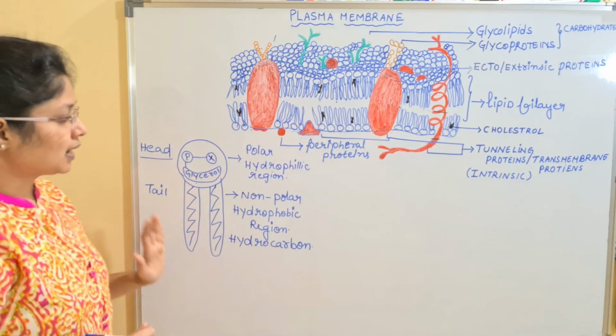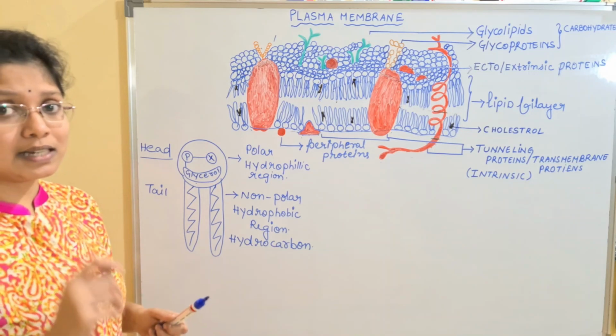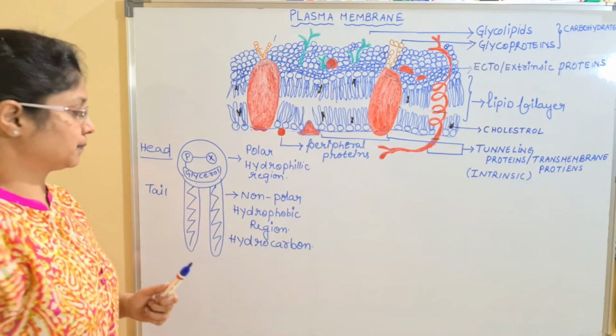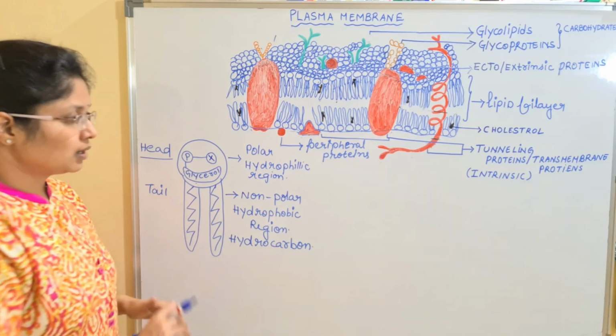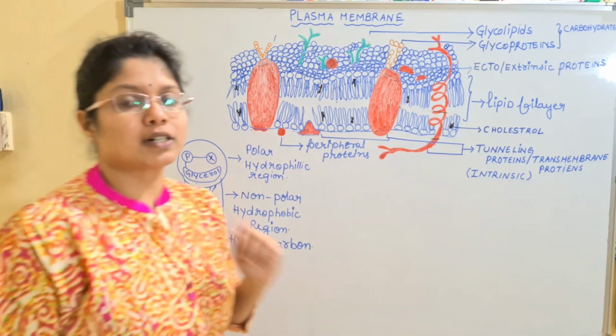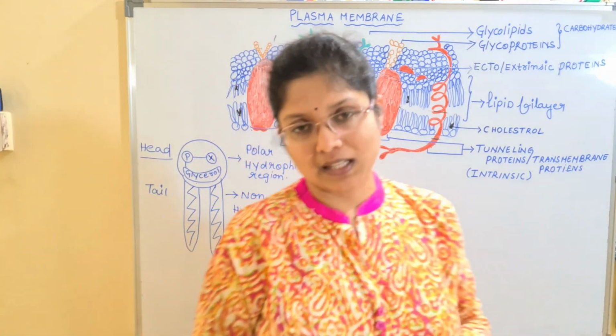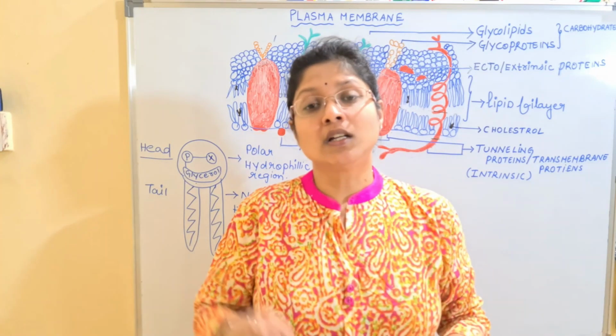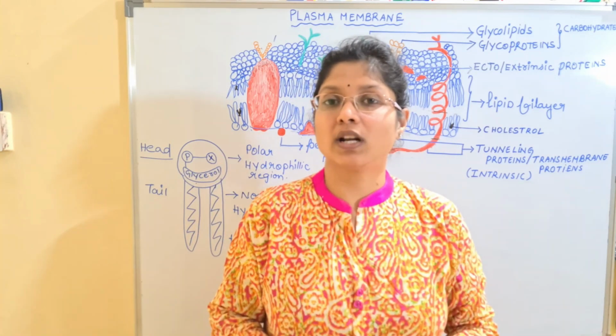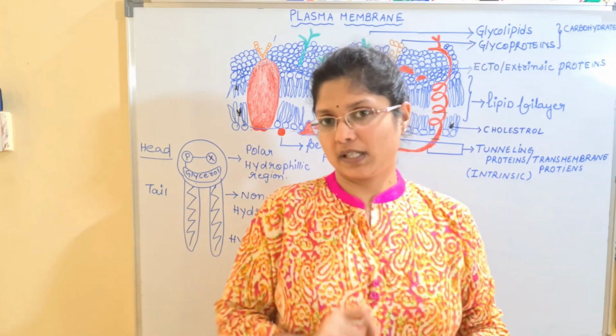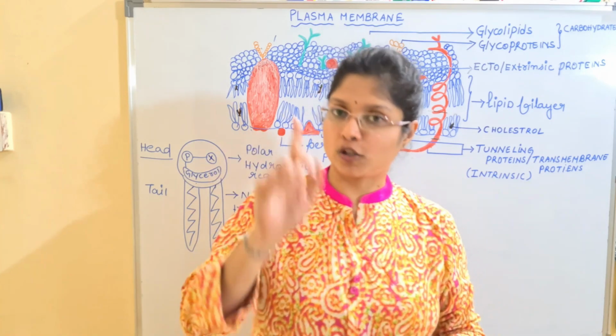Now let us see what type of lipid molecules are seen in the case of the plasma membrane. So there are two major categories of lipids present on the plasma membrane. One is the phospholipids and the second is the glycolipids. What is the first one, children? Phospholipids. Why?